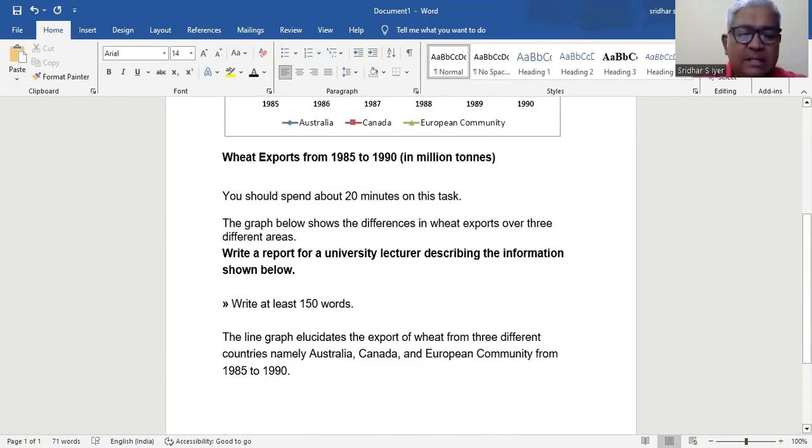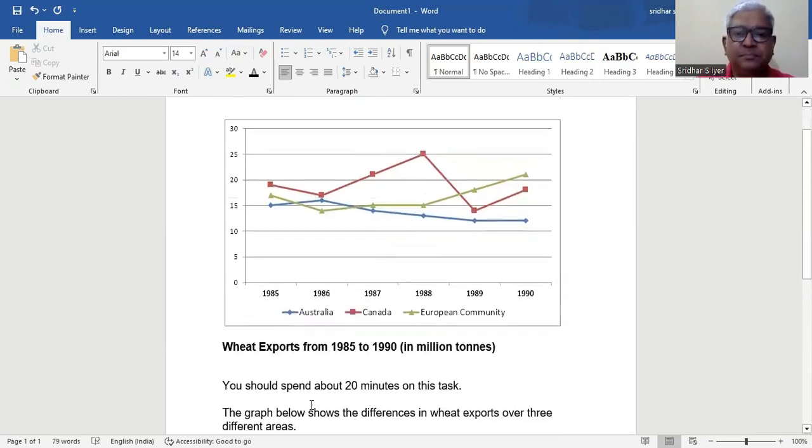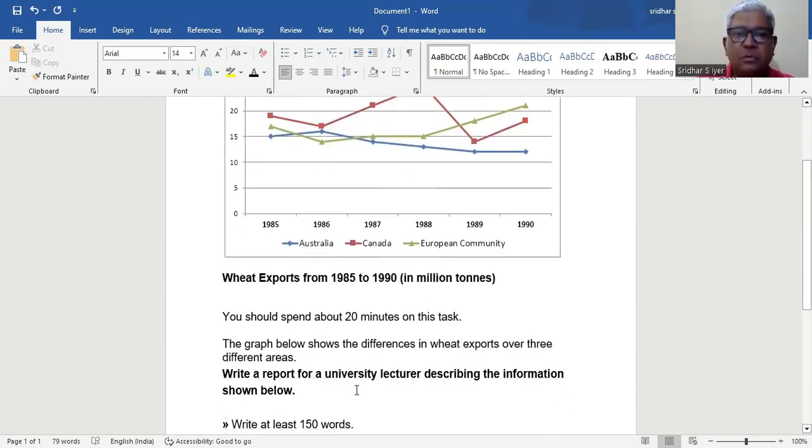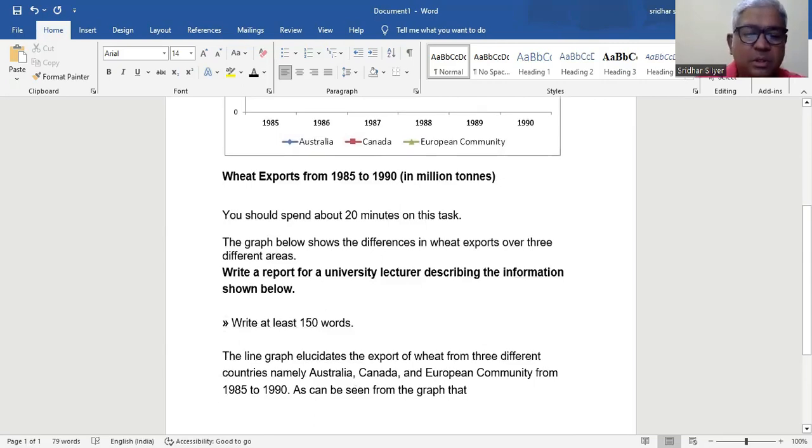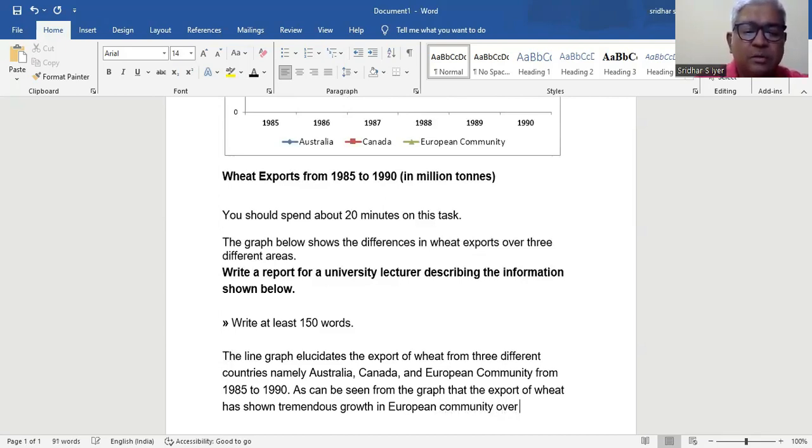Okay, as can be seen from the graph that the export of wheat has shown tremendous growth in European community over 5 years time period.